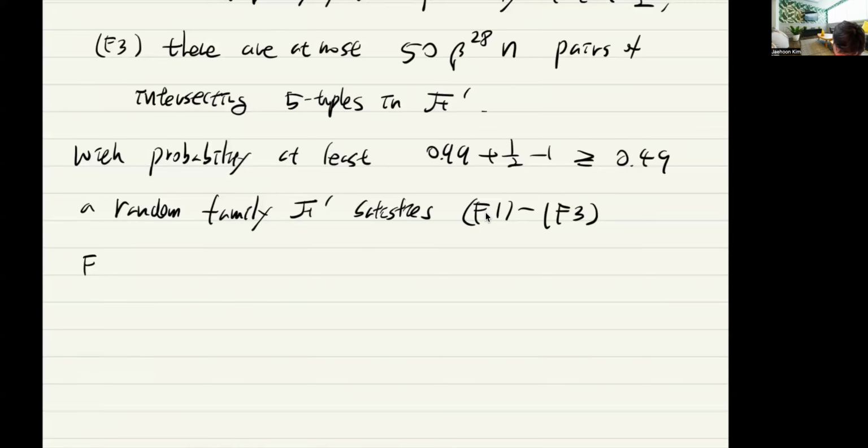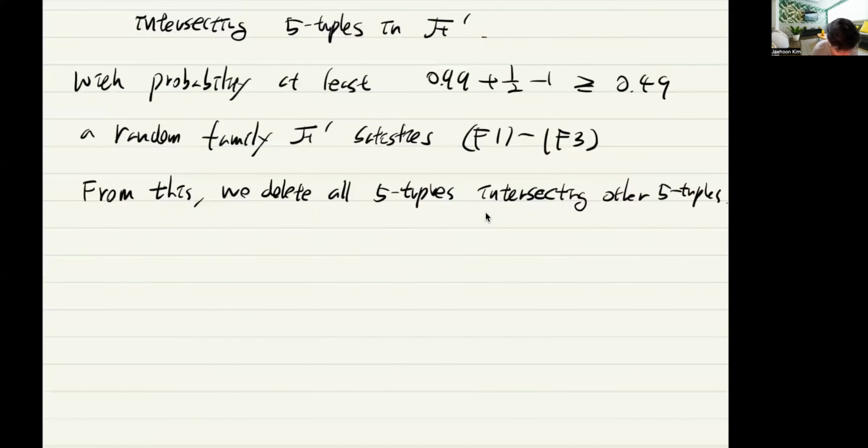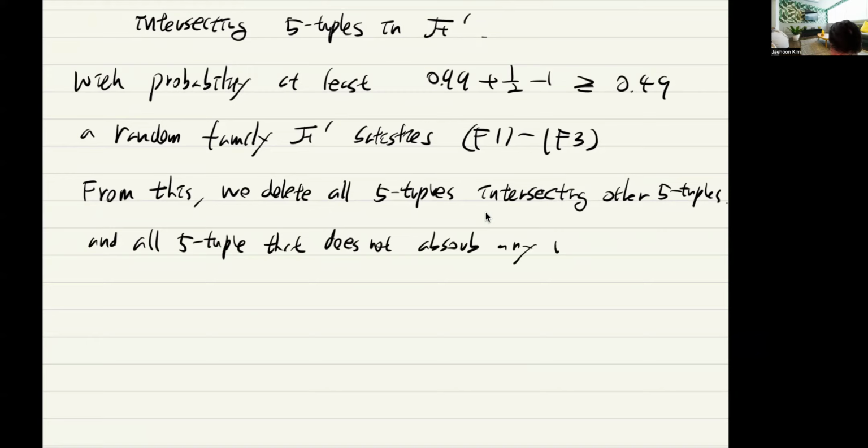And once you choose such a choice, we delete the 5-tuples that intersect other 5-tuples, and also all 5-tuples that do not observe any vertices.